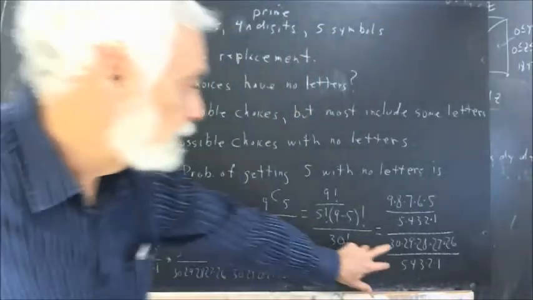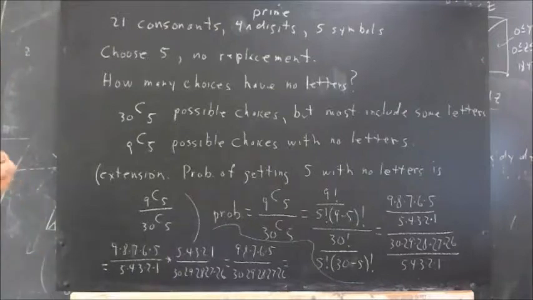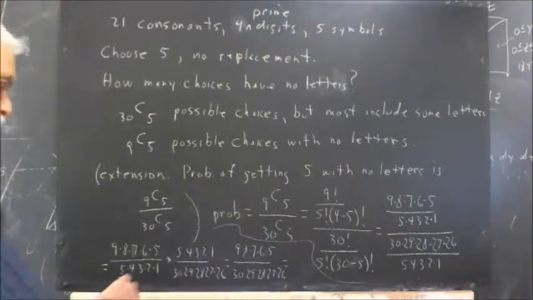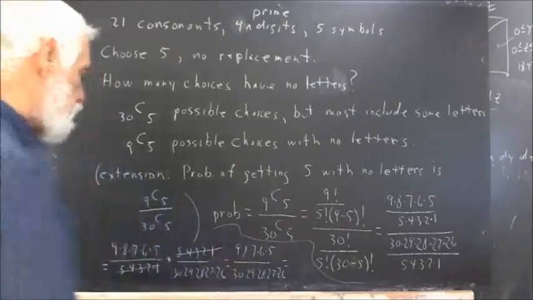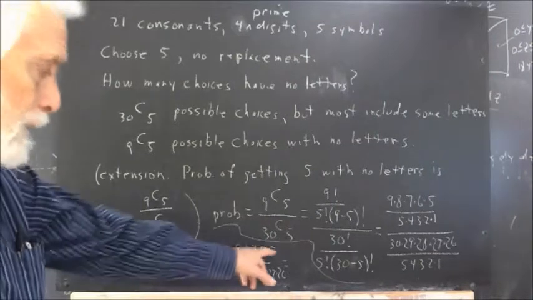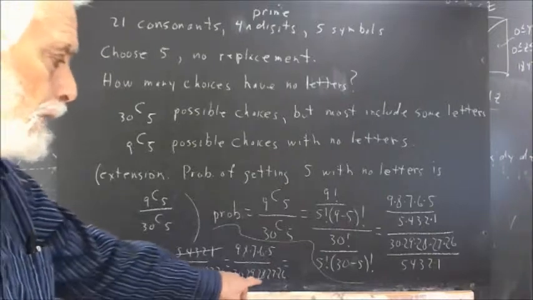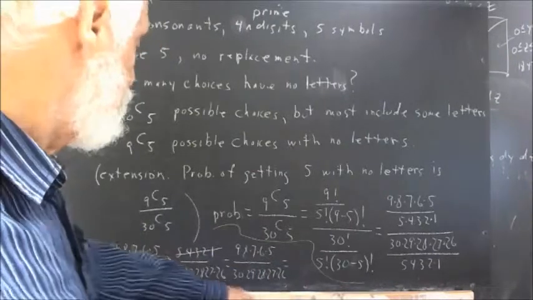So we turn this bottom fraction around, and we have this expression multiplied by this one. The 5 times 4 times 3 times 2 times 1 here divides the 5 times 4 times 3 times 2 times 1 up here. So that goes away, and we're left with 9, 8, 7, 6, 5 divided by 30, 29, 28, 27, 26.